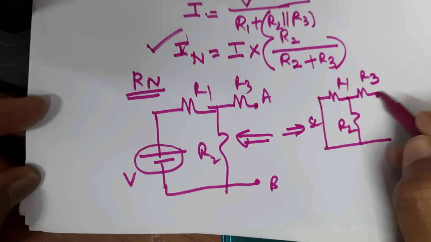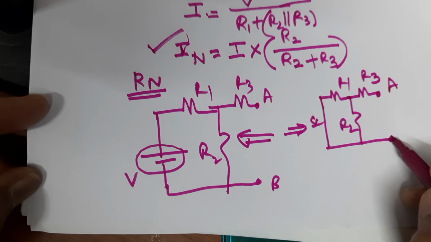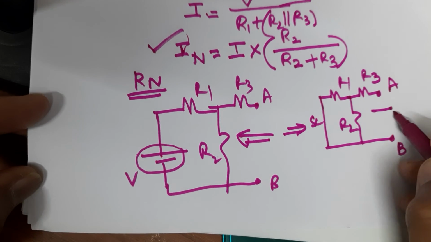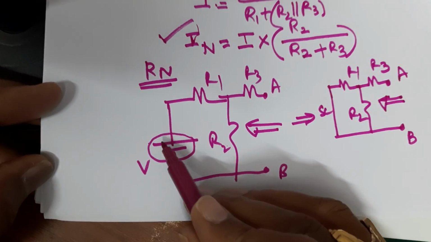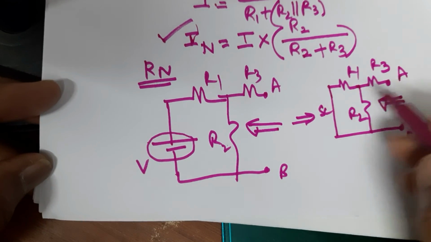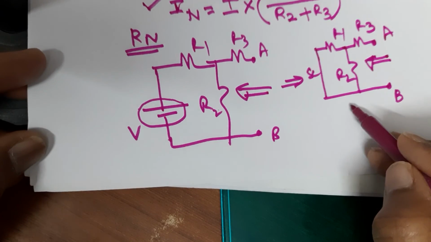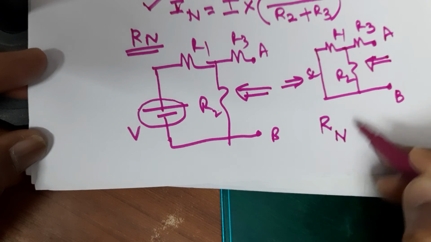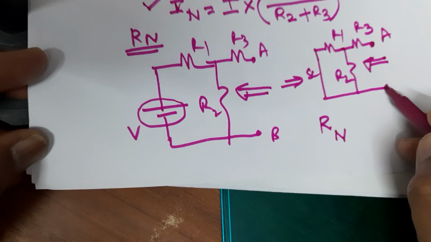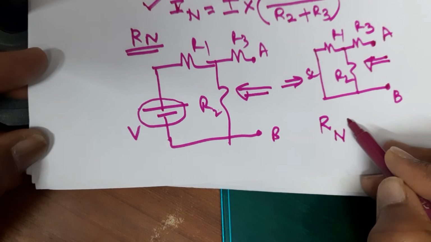While calculating either Thevenin's resistance or Norton's resistance from the output terminals, there should not be any source, so it should be replaced by a short circuit. As in the last theorem, in the same lines we calculate the Norton resistance here. Whatever resistance we get across these two terminals is called Norton's resistance.